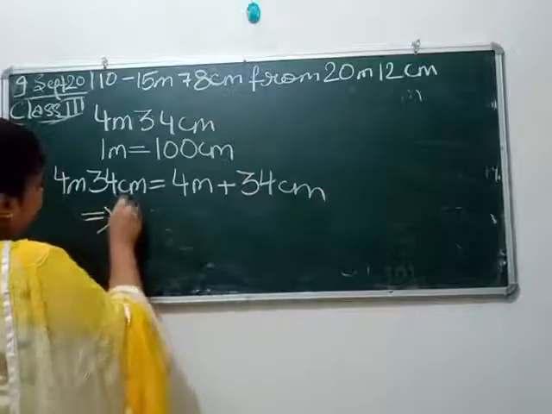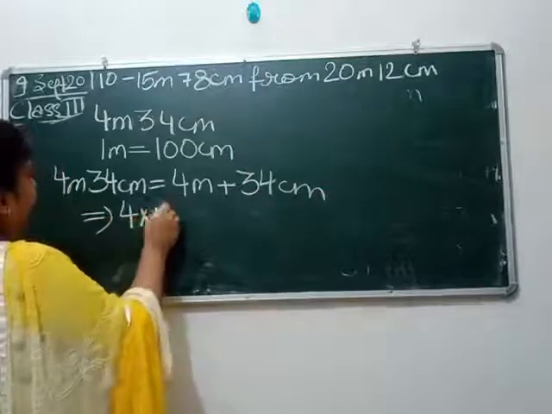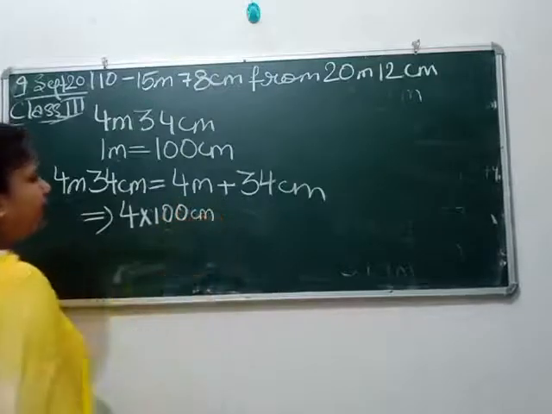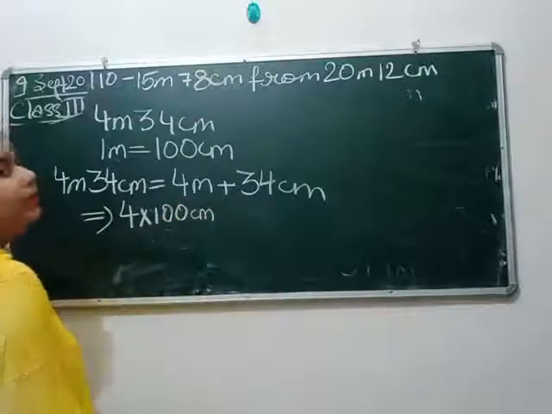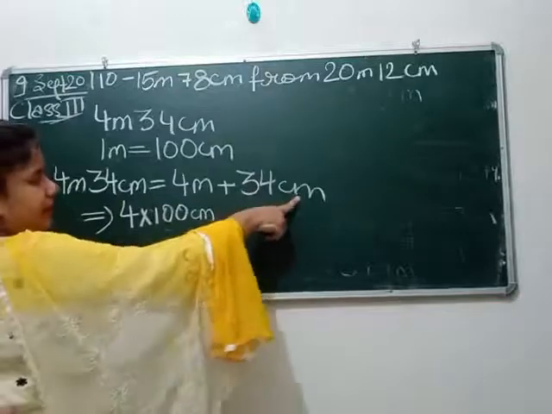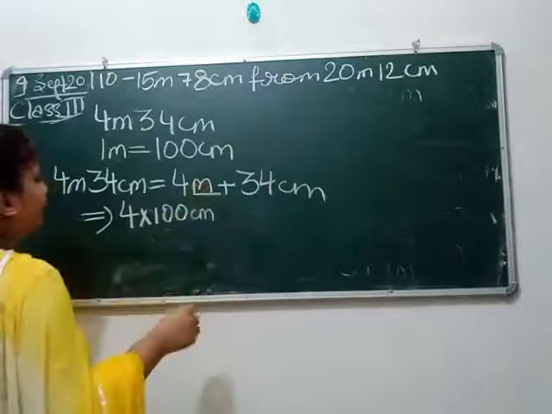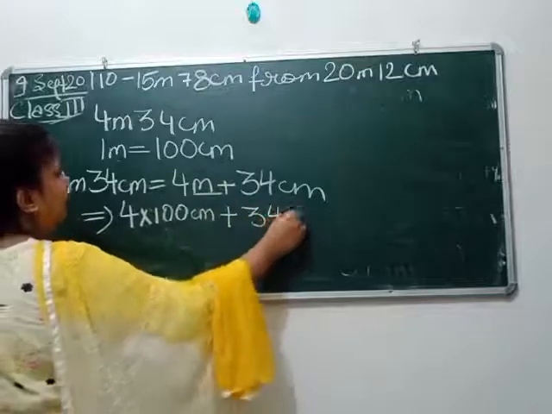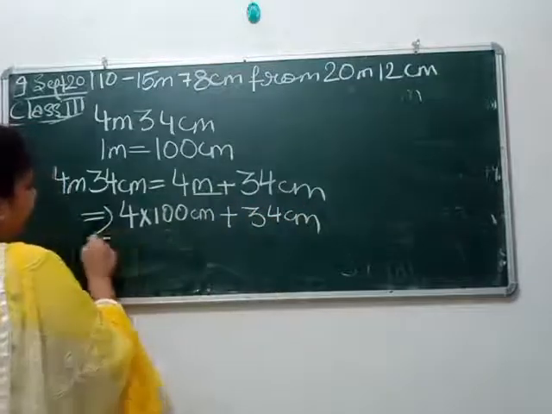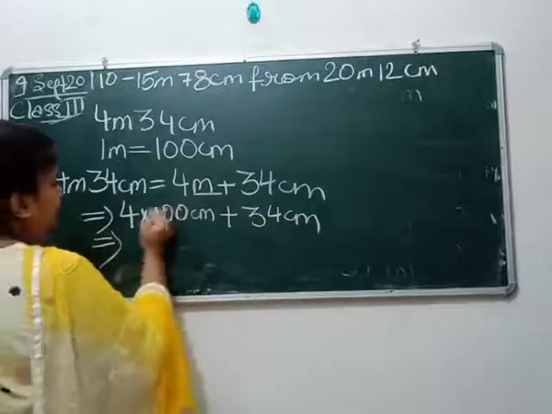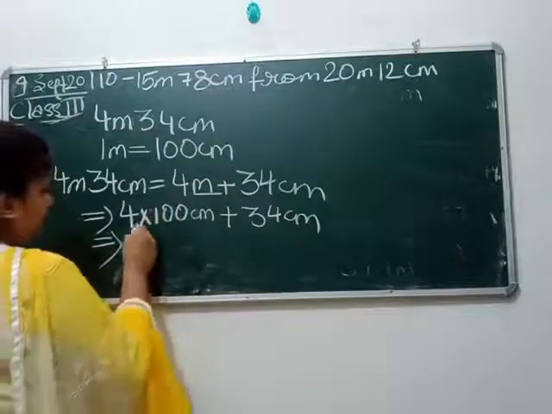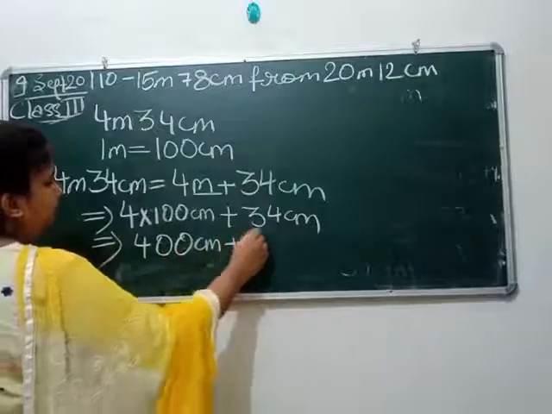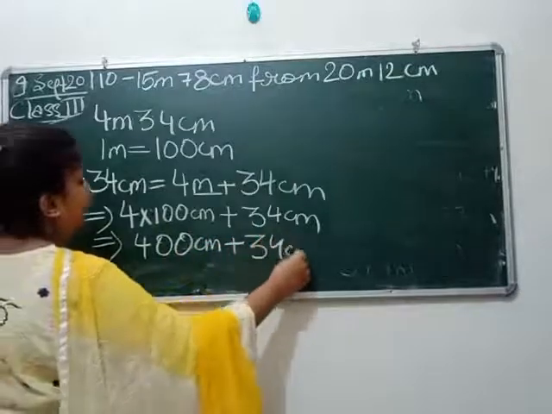Equals 4 into 100 centimeter. Why 4 into 100? Because 34 is already given in centimeter, so we will convert only this part, and plus 34 centimeter. 4 into 100 equals 400 centimeter plus 34 centimeter.